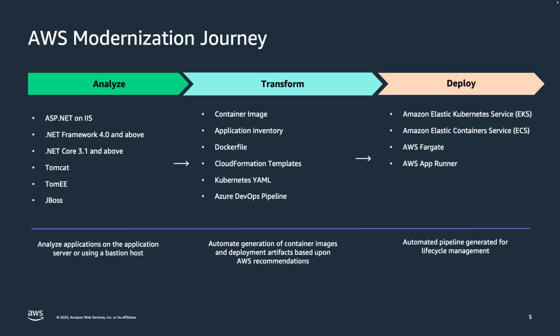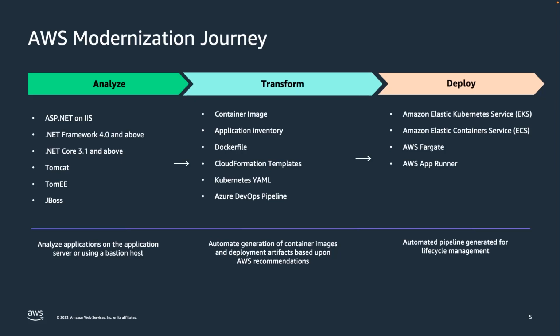We actually collect the base operating system information and make sure that we can move that to a more efficient and even updated version of your operating system, and I'll show it in our demo. We also collect different environment variables used by the source application and the connectivity settings, such as application port used. The analysis phase provides us with the first indication on the opportunity to containerize the application.